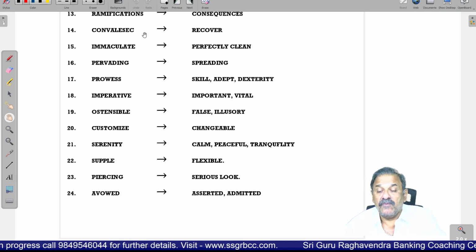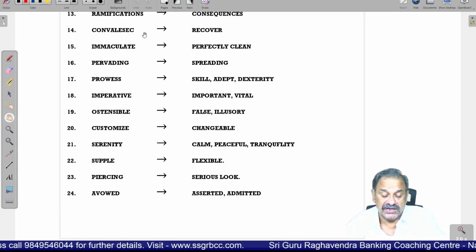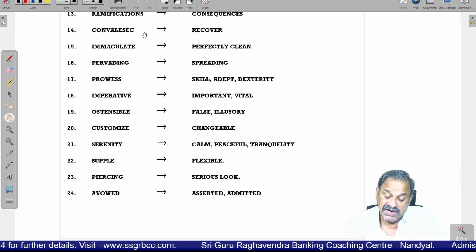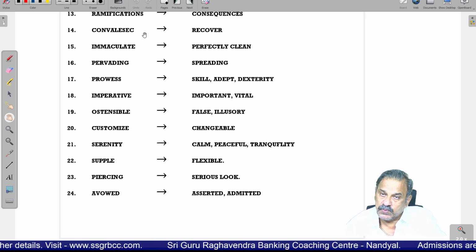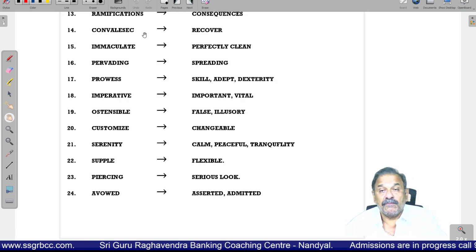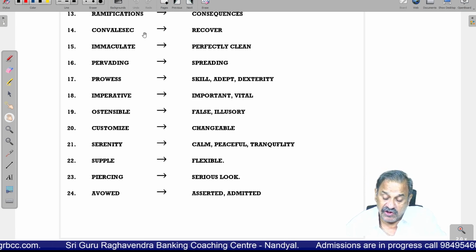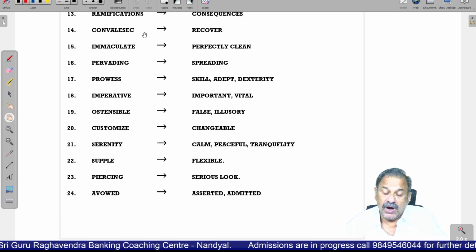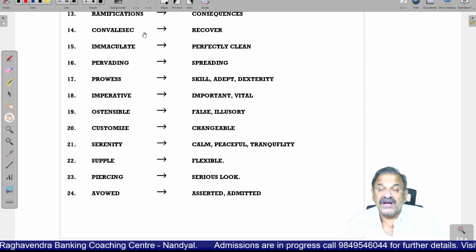Ostensible means false, illusory. Customize means changeable. Serenity, calm, peaceful, tranquility, soothe. Supple, flexible. Piercing, serious look. Avowed means asserted, admitted.